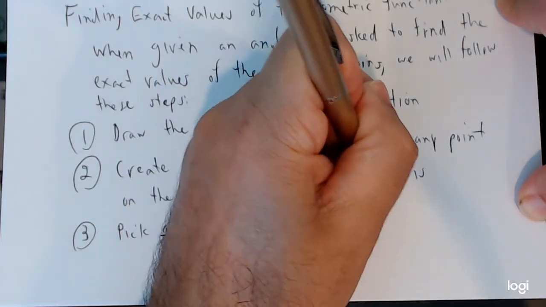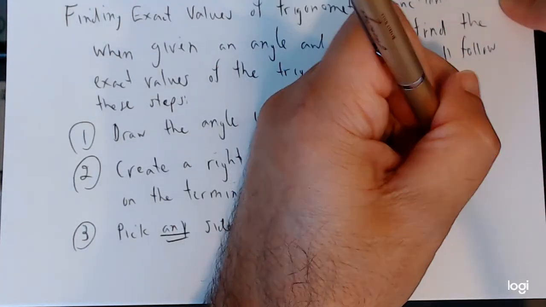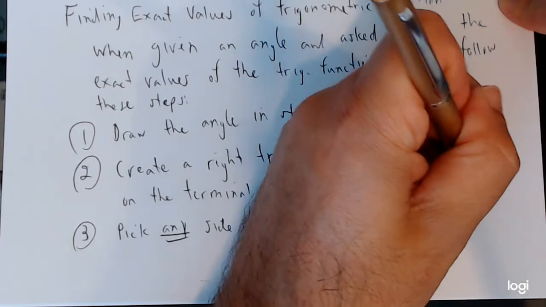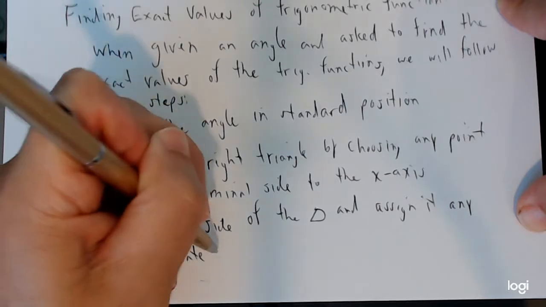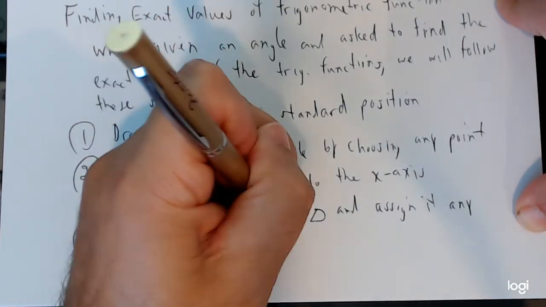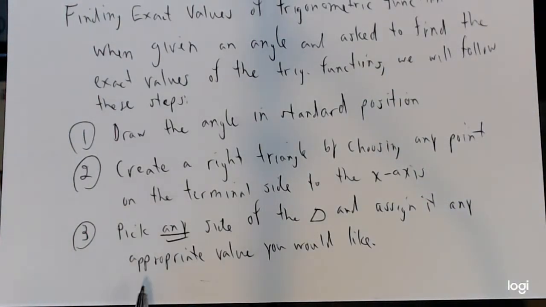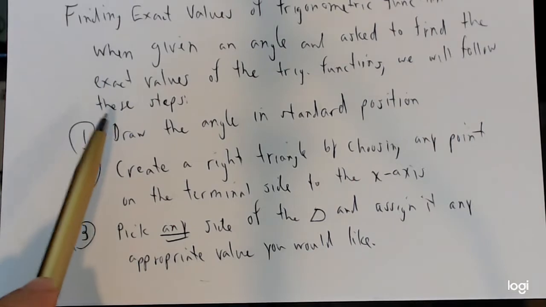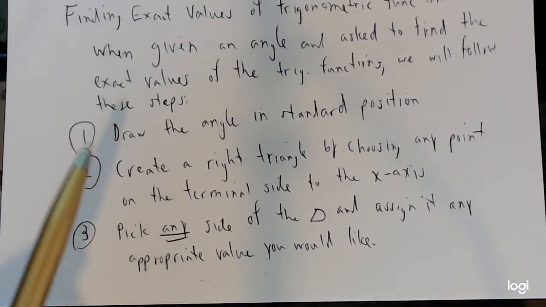and assign it any appropriate value you would like. Now when I say appropriate, you can pick that side and call it any value you want, but you have to be careful, because if my angle, let's say, is in quadrant 2, for instance, my x value should represent a negative number and the y value should represent a positive number.